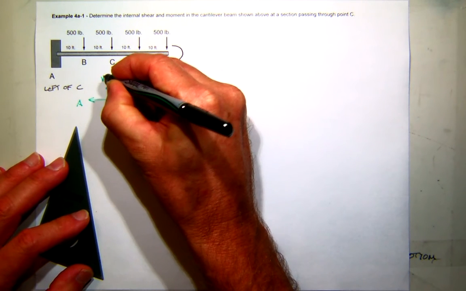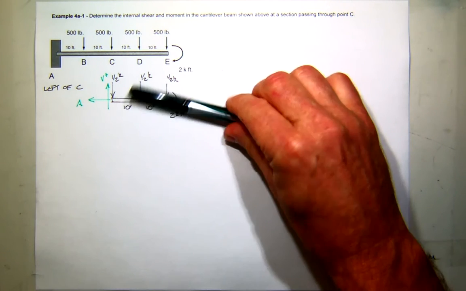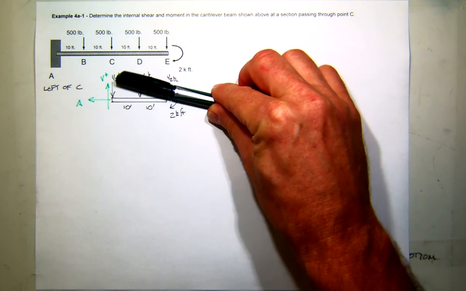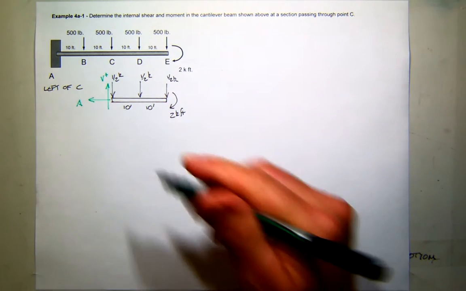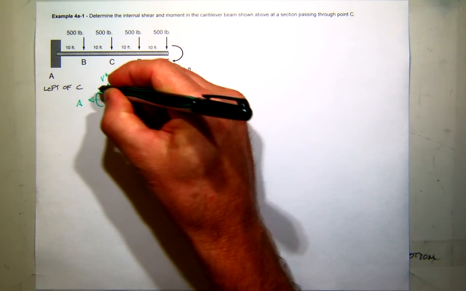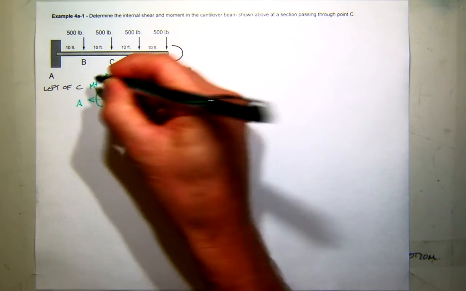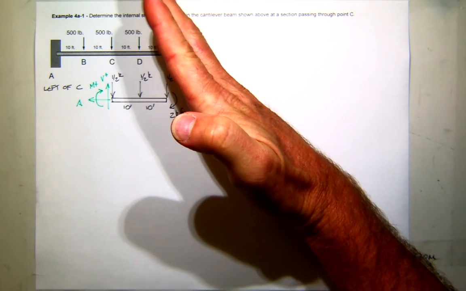And I'll put a little positive there to remind you, because how would this body move under that force? It would rotate that way, which is clockwise. And then my bending moment, positive bending moment, is in this direction. Why? Because it would tend to bend this thing up into kind of like half a smile.